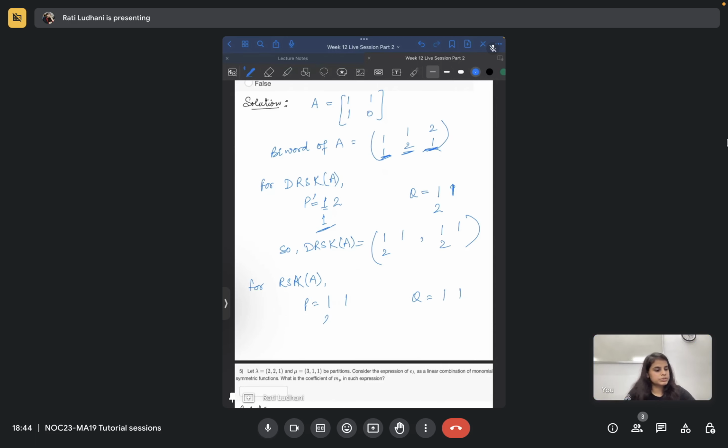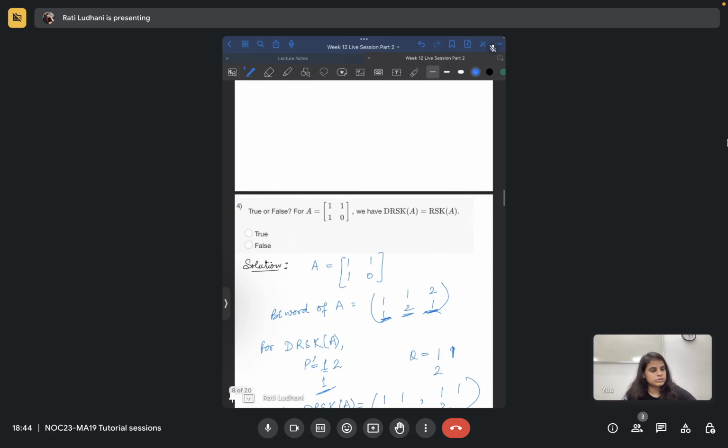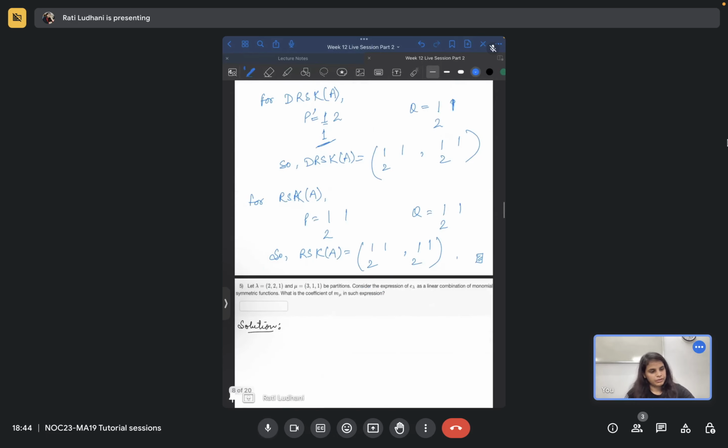That is the only difference between DRSK and RSK. So corresponding to that, we'll get 2. So RSK of A is equal to 1 1 2 and 1 1 2. So yes, this is true. Exactly. Very good.